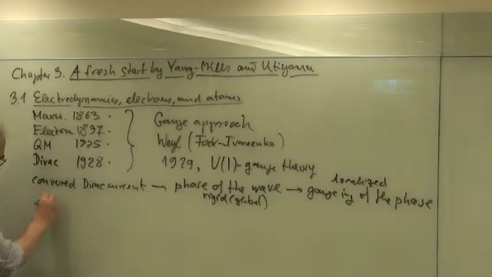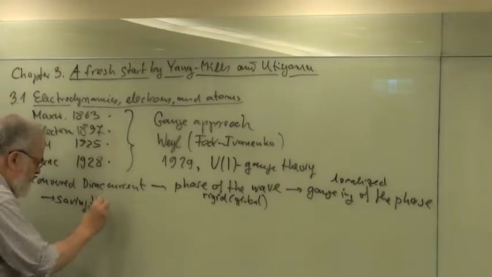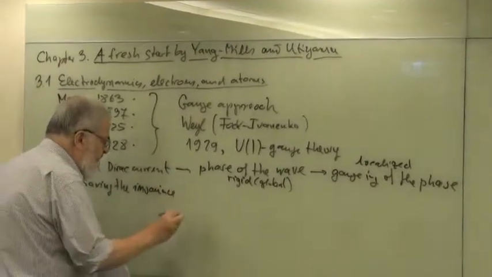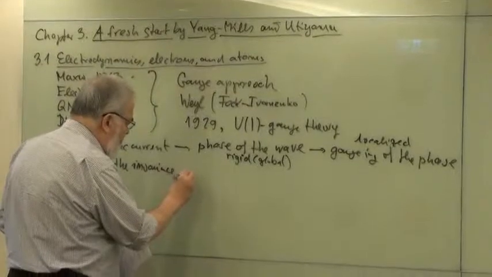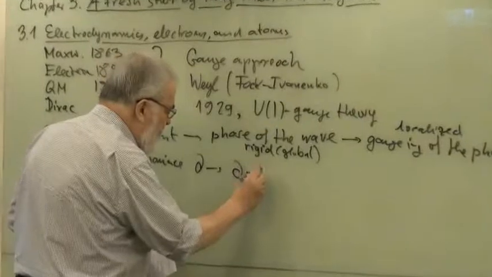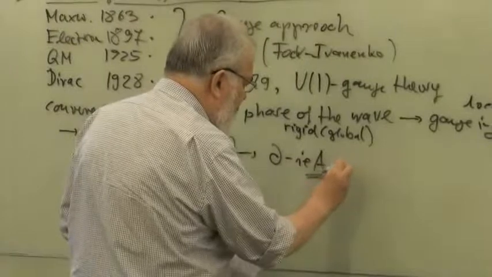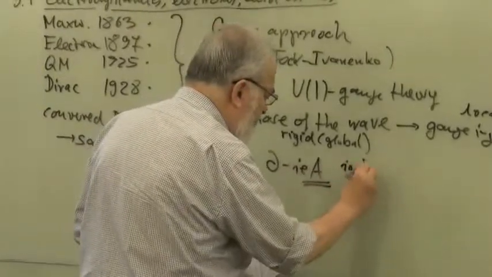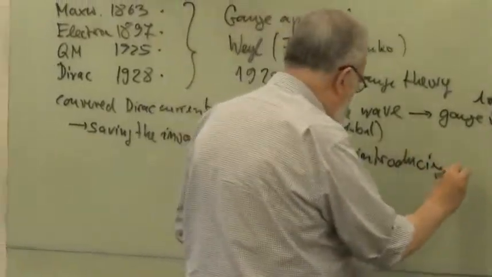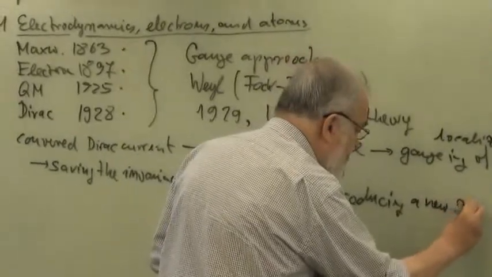To save the invariance, we have to go over from the partial derivative to the gauge covariant derivative by introducing a new field, a covector field, which has an inhomogeneous transformation property, a new gauge field, as it was called.